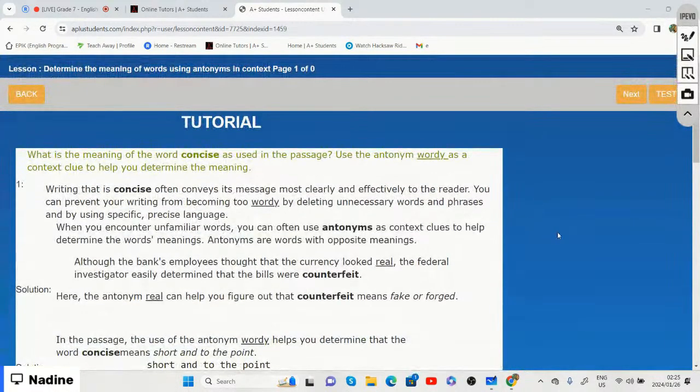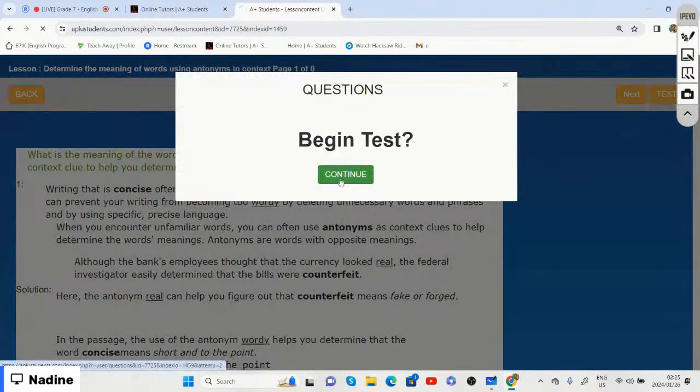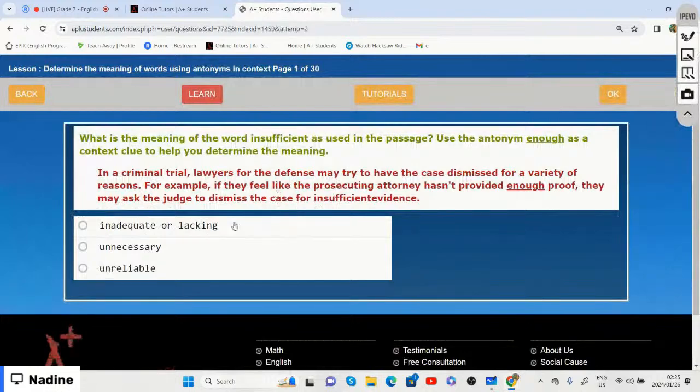So let us go to our test, where we're going to determine the meaning of words using antonyms in context.